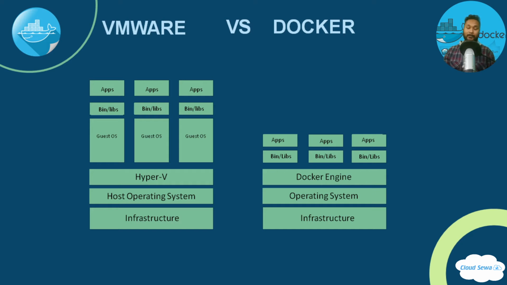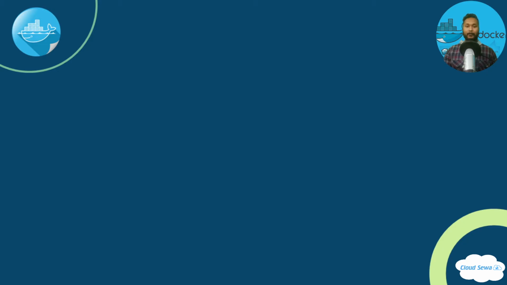By using the Docker engine, we can directly use the binaries and libraries to host and run the applications. As we have already been through the advantages of Docker, I would like to focus on the portability and the removal of platform dependencies, as we'll be dealing with that a bit later.